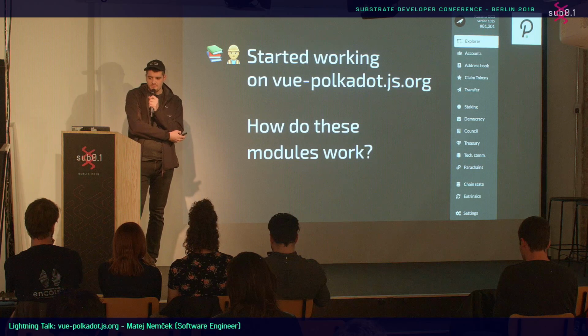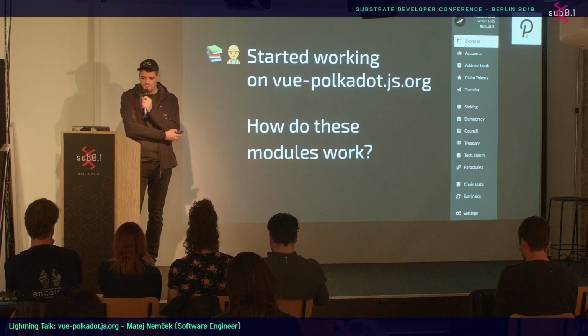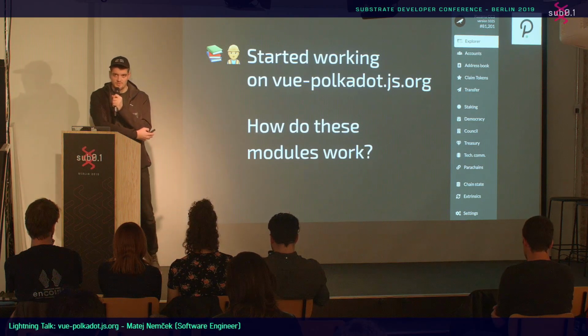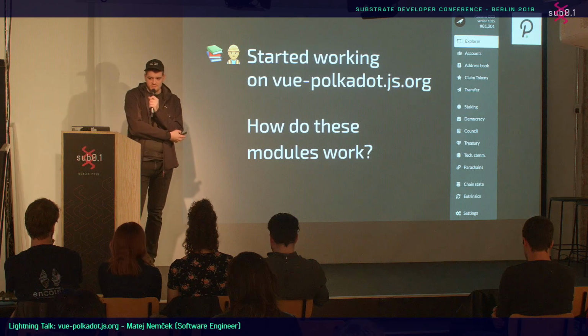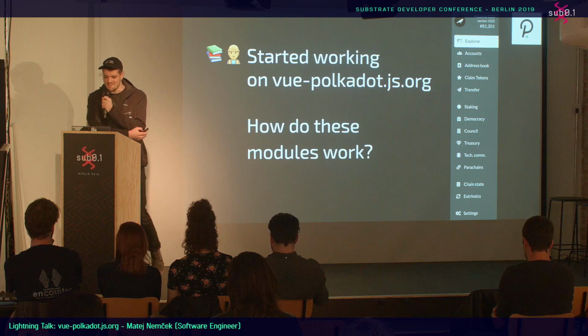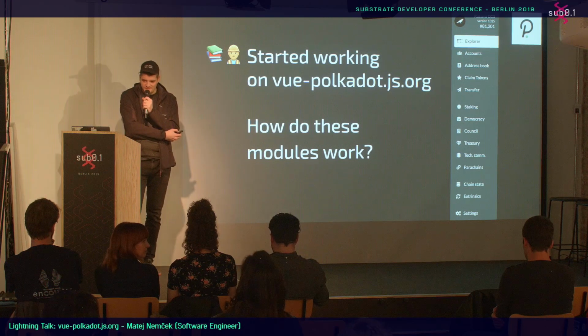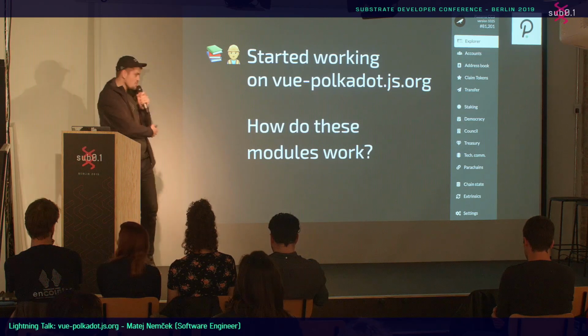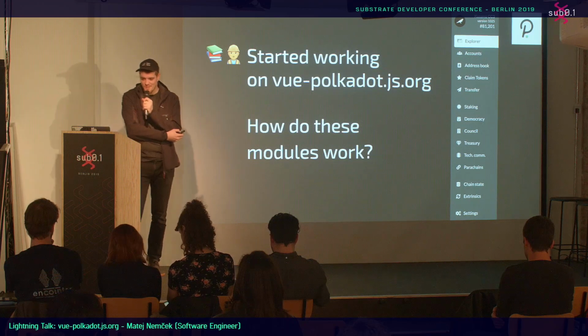We started digging and reverse engineering more code for the other modules as well, how they work and how they interact with the parachains. And the interesting part was debugging in an unstable development environment, with unstable things as well.